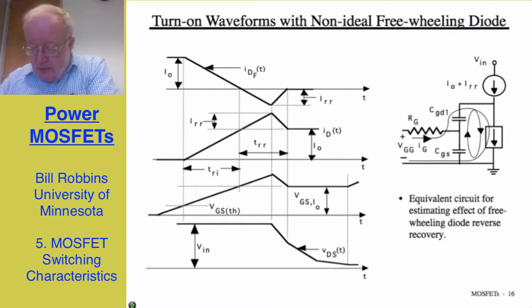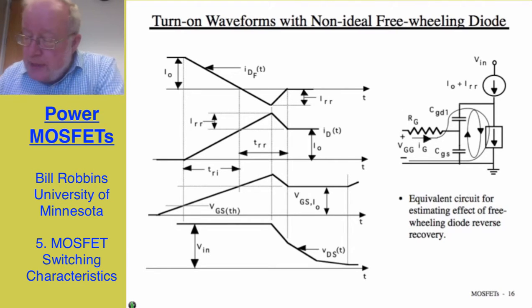The upper curve is a plot of the freewheeling diode current during the MOSFET turn-on, which starts at t equal to 0. The diode, after the turn-on delay time and then at the start of the current rise time interval, begins to decrease its current, starting from the value I_0 down to 0.